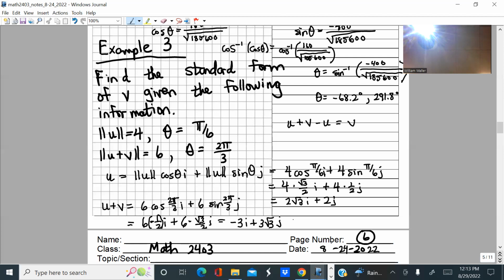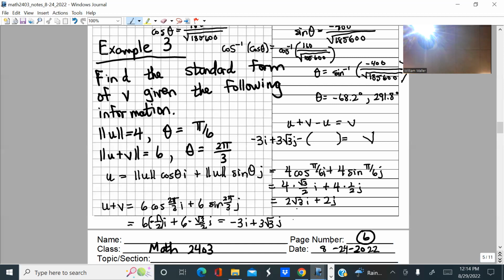So let's see now, what was my formula? I said to get v, we have to take u plus v, and then subtract off u. So now we know what u plus v is. That's minus 3i plus 3 times the square root of 3 times j. Then we subtract off u, so let's be careful about it.